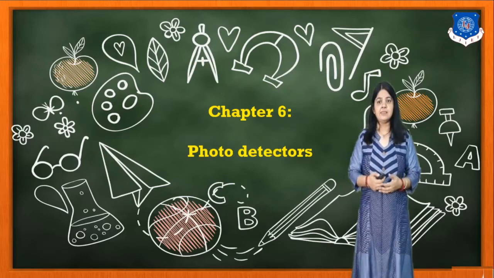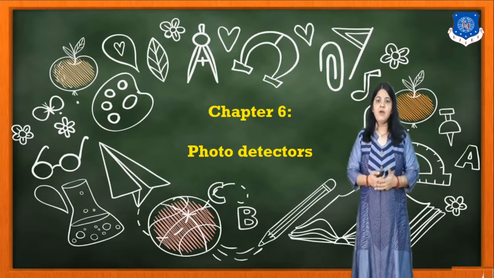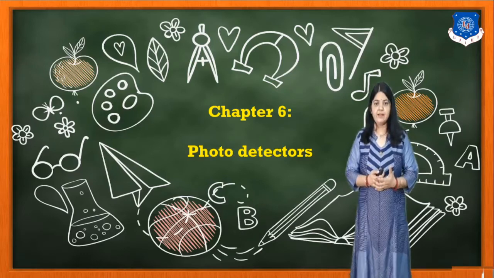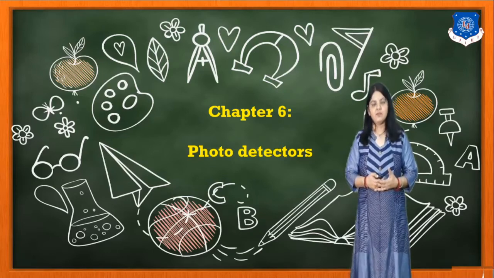Now, at the other end, we need a detector. This detector will convert the light signal again into the electrical form. So the photodetectors are mainly used for doing this.